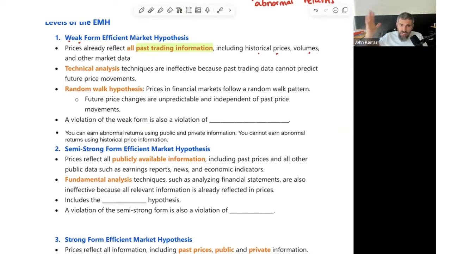It doesn't give you any advantage in having it. But if you have public information and you have private information, those can be used to earn abnormal returns. Those can be used to consistently beat the market. Okay.